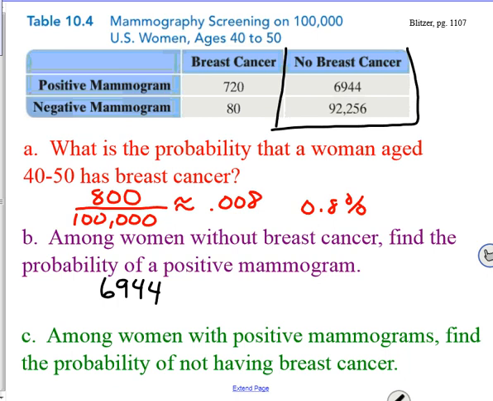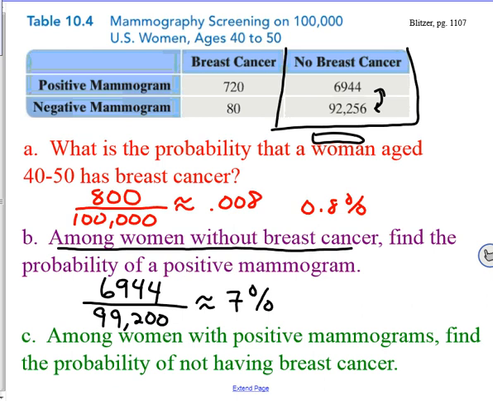And then I need the total there, and if you add up these two numbers to get the total down here, that total turns out to be 99,200, and we get a probability of about 7%.